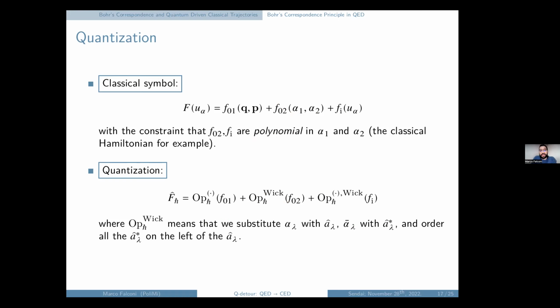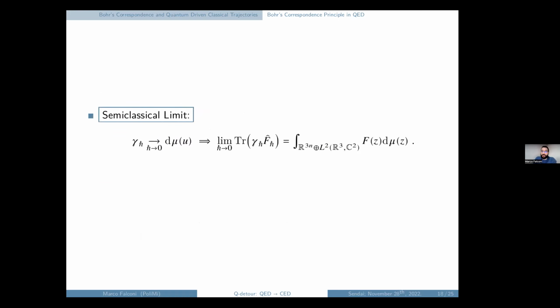Okay. And if you do that, what you can do is that for suitable symbols, you can prove that if your state converges to the Wigner measure mu, the expectation on your quantum state of the quantum operator F_h, that is the quantization of the symbol F, converges to the integral with respect to this probability measure mu, that is the Wigner measure, of the classical function.